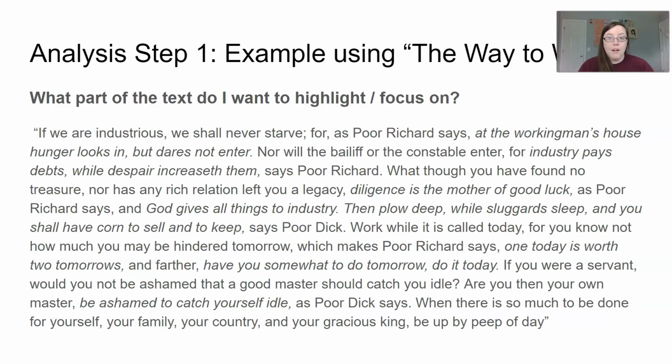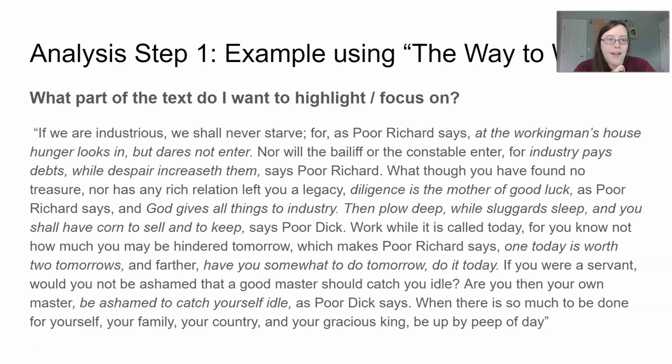So for the paragraph that I'm exemplifying here, I wanted to look at just this part of Benjamin Franklin's text, The Way to Wealth. So he starts, "If we are industrious, we shall never starve. For, as Poor Richard says, at the workman's house, hunger looks in but dares not enter. Nor will the bailiff or the constable enter, for industry pays debts, while despair increaseth them, says Poor Richard.